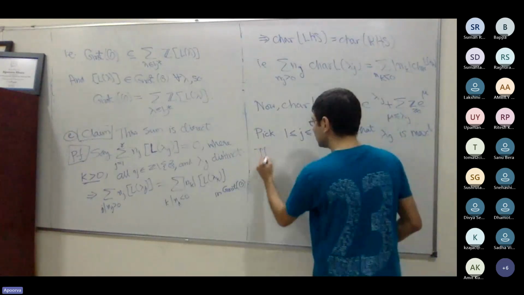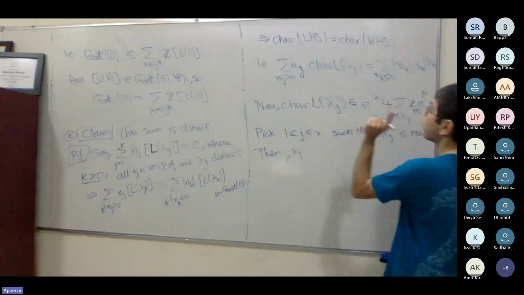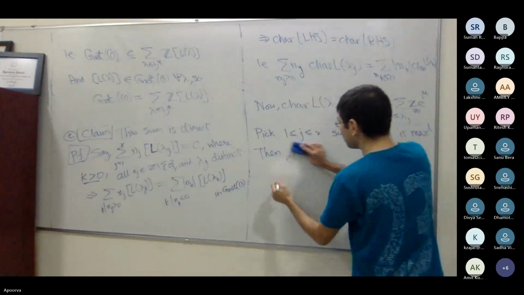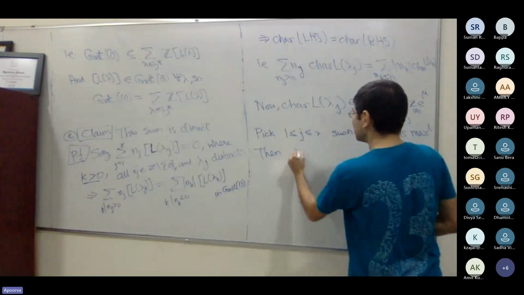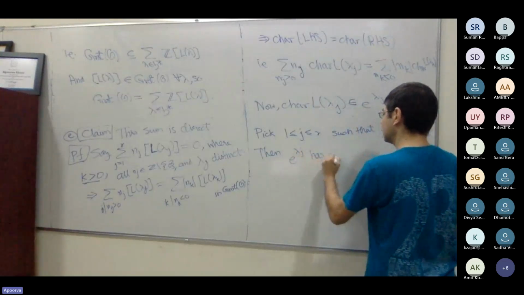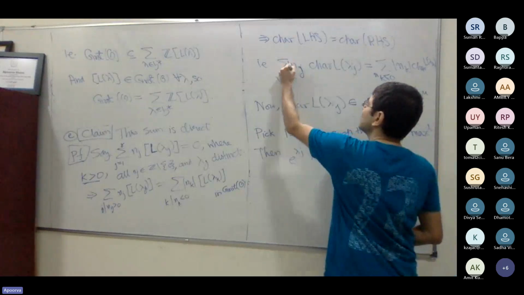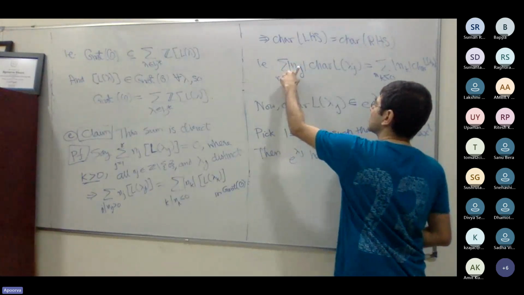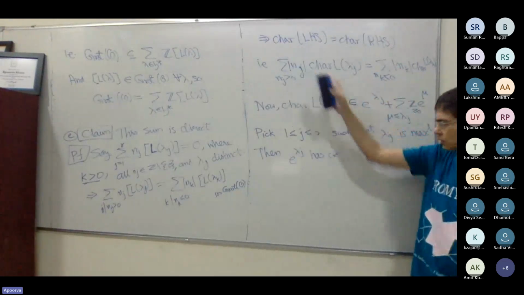Right? Then e to the lambda j times 1 mod nj. What does it say? Then e to the lambda j has coefficient mod nj on one side. Why don't I put the nj modulus here also, so it's not like I'm only saying it's on that side. Let's put nj modulus here.